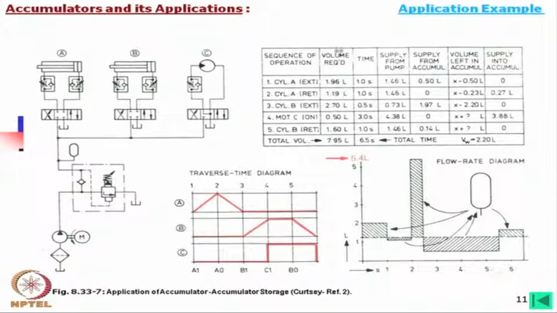We will consider that, and this guideline is given on how to select the accumulator, looking into that chart. Then the supply from the pump is 1.46, that is Q1, if you remember.